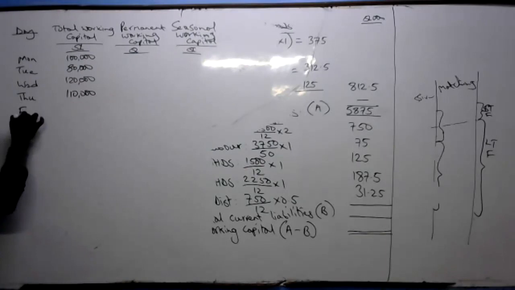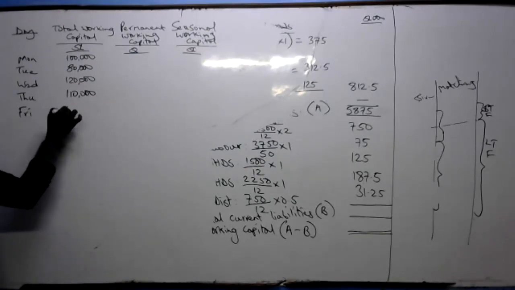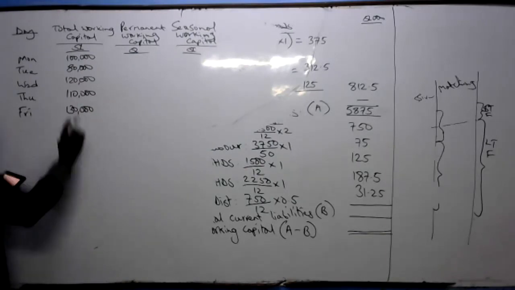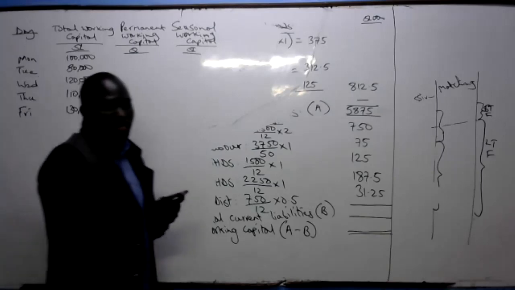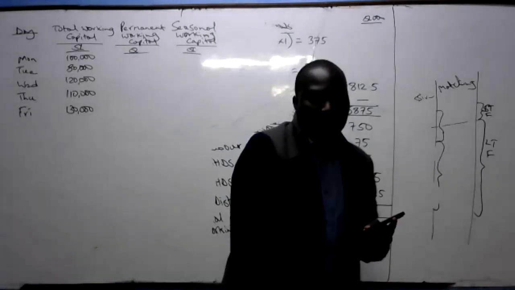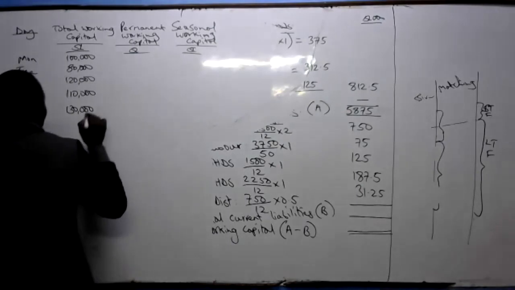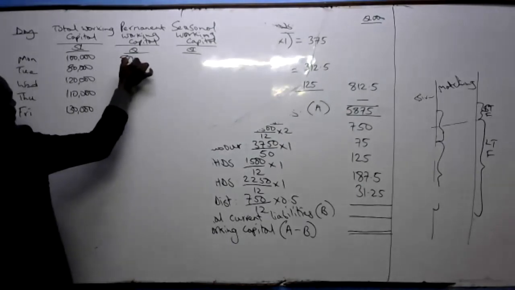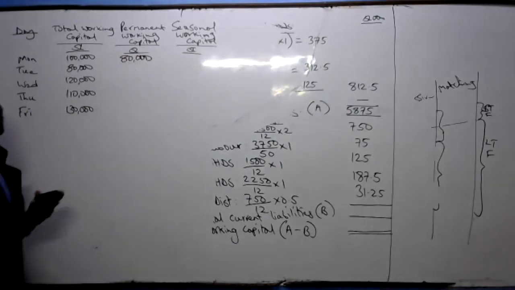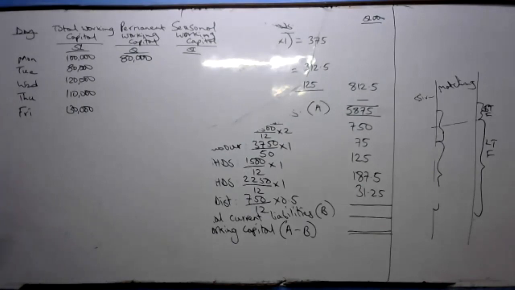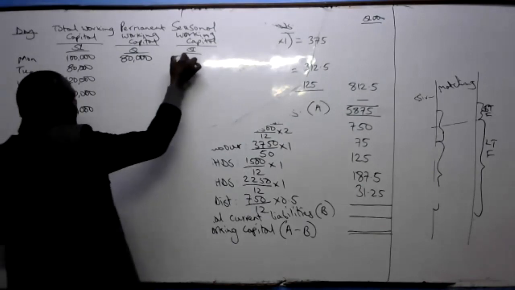And we have Friday, where we have 130. Permanent inakuwa 80. So on Monday you have permanent of 80. How much is seasonal? Missing 20.